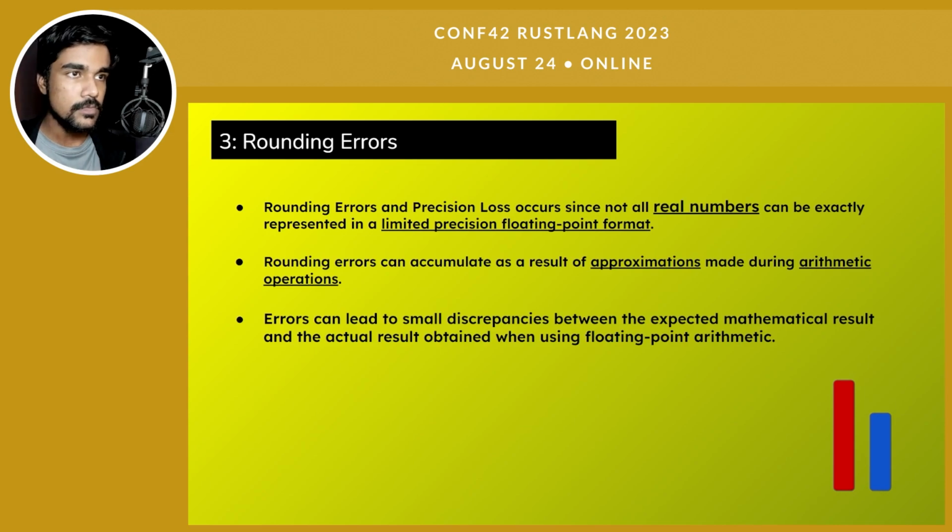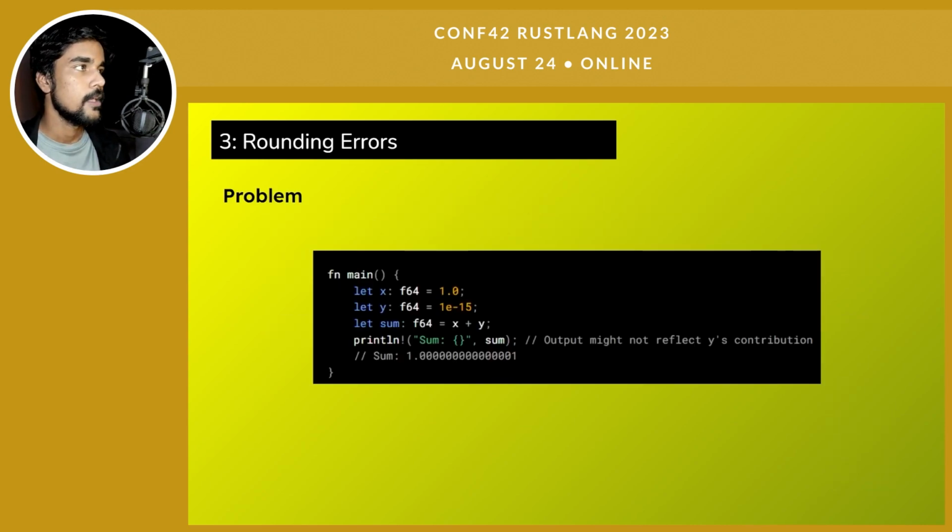The consequence is that it can lead to discrepancies between the expected mathematical results and the actual results obtained when using floating point numbers. So you can have redundant errors thrown out in your calculations, which is very undesirable if you have applications where you desire precision.